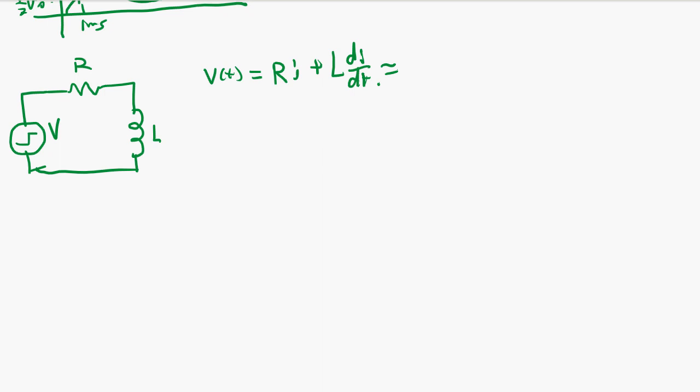Step function is going to be V0. You don't have to take a derivative in this case. This is going to be again an exponential function.